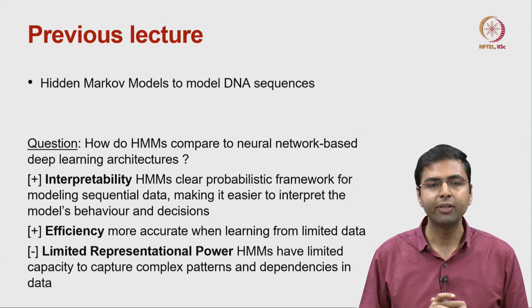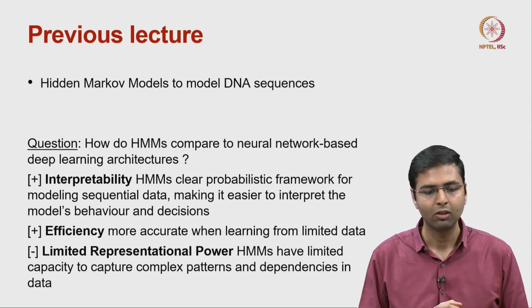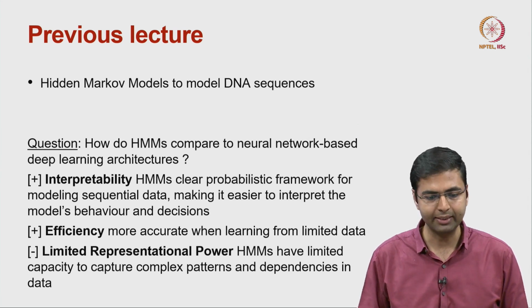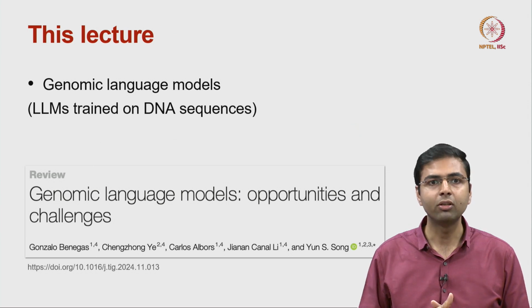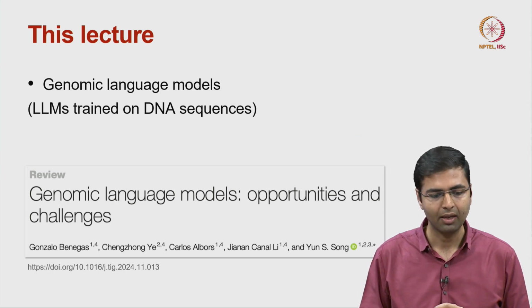So in this lecture, we are going to look at one class of neural network based deep learning architecture for modeling DNA sequences. In particular, we will focus on the genomic language model, that is a large language model trained on DNA sequences.